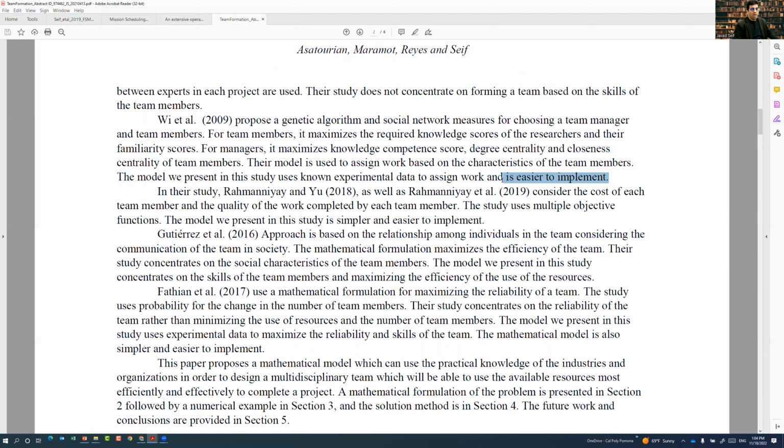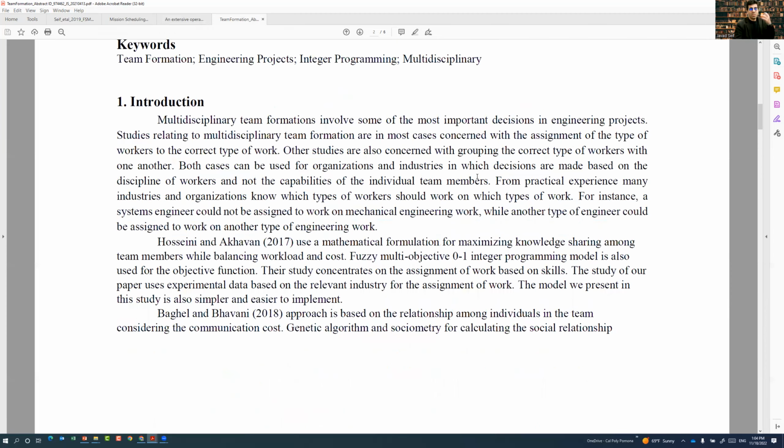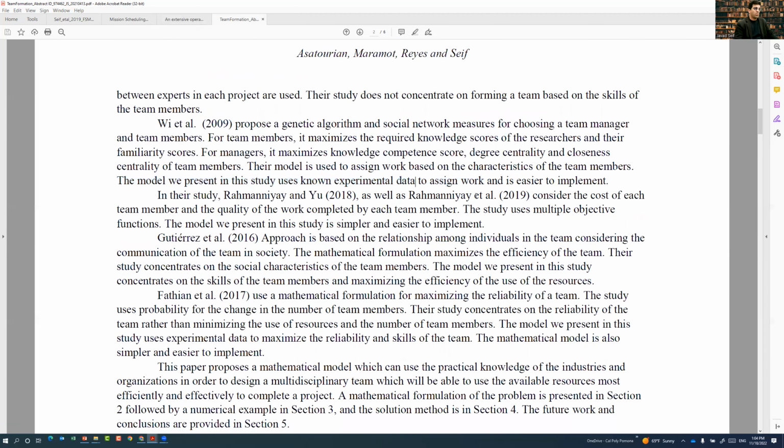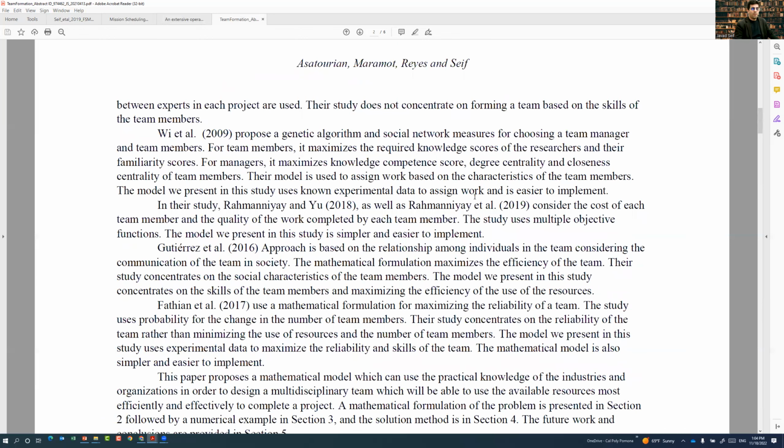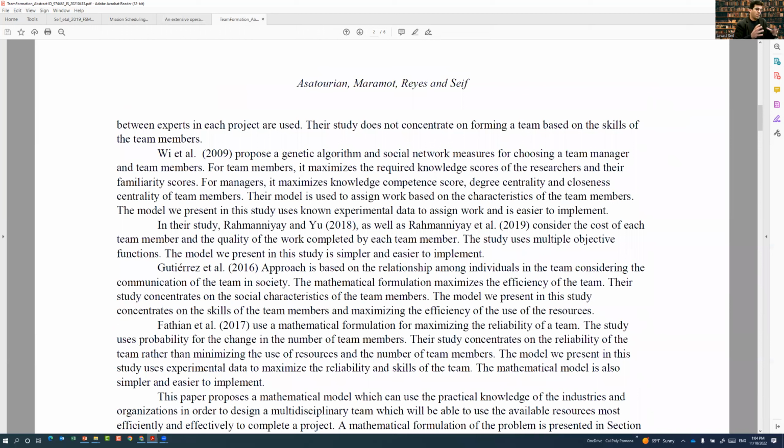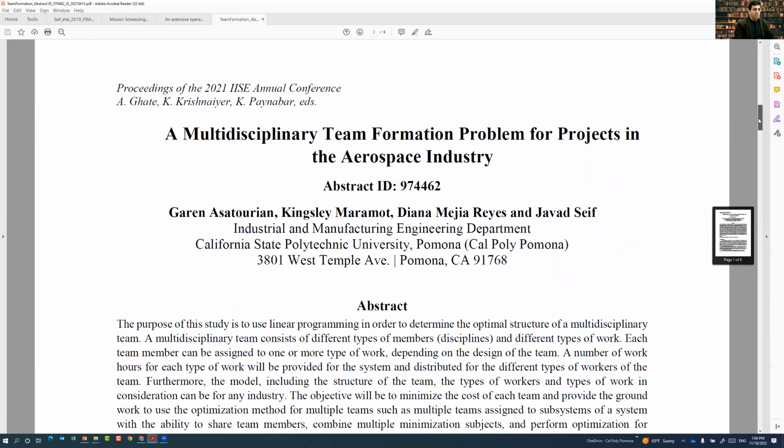Either I have to prove in this paper that it's easier, or I have to reference another paper that says using experimental data makes it easier. Okay. So any claim that you make in a research paper, thesis, dissertation or grant proposal has to be proven, or you need to say that you want to prove it as the mission of your research.